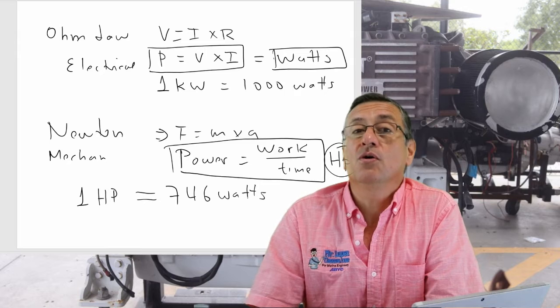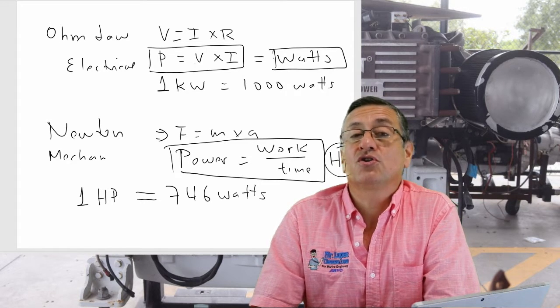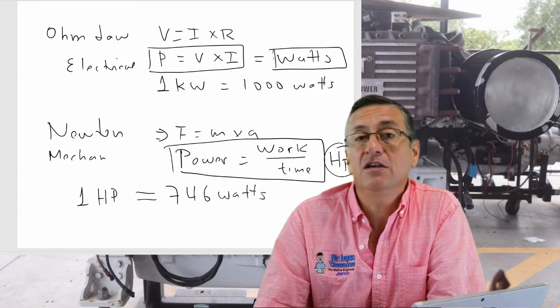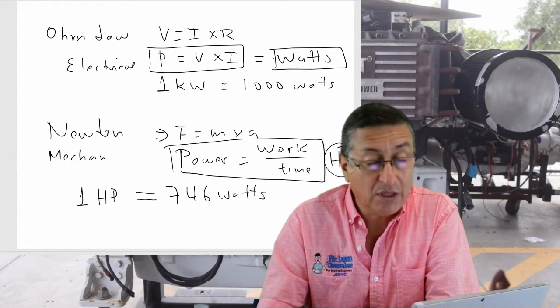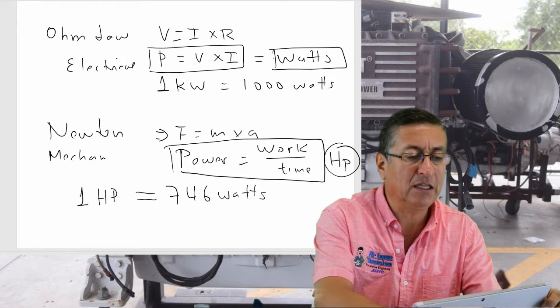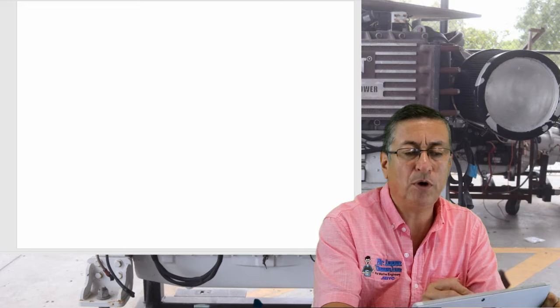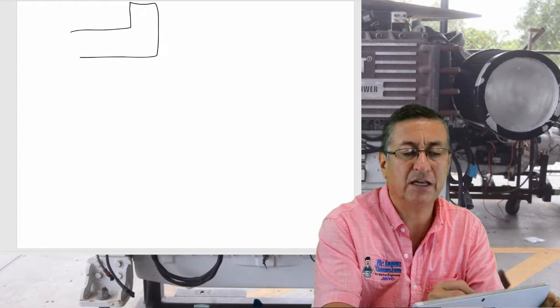But you don't know how much horsepower you need on the engine in order to replace it with a new engine. With that magic formula, you can calculate that. It's pretty simple. Suppose that you have a generator. This is an example.